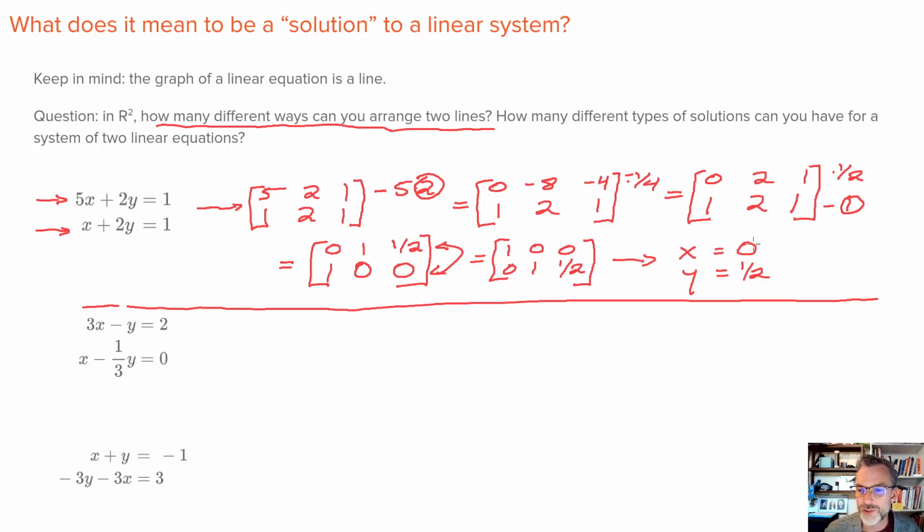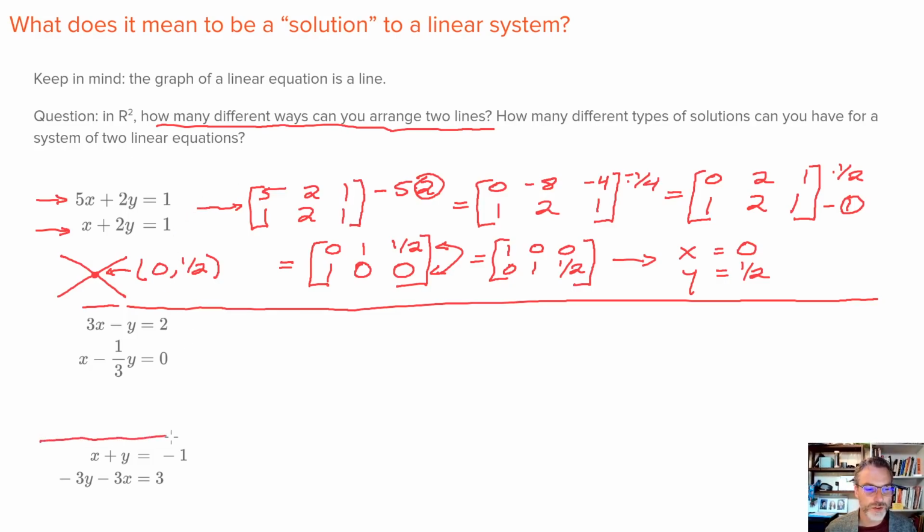And then I got this as a solution. So what this tells me is these two lines intersect. I don't know what they look like exactly. Doesn't really matter. What it's saying is that these two lines intersect, and the point they intersect at is (0, 1/2). Try graphing these on Desmos and see what I mean, how these two lines intersect exactly at one point.